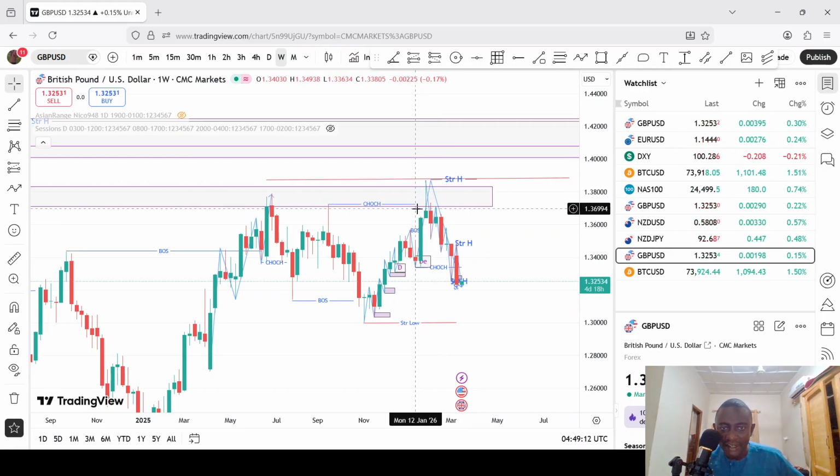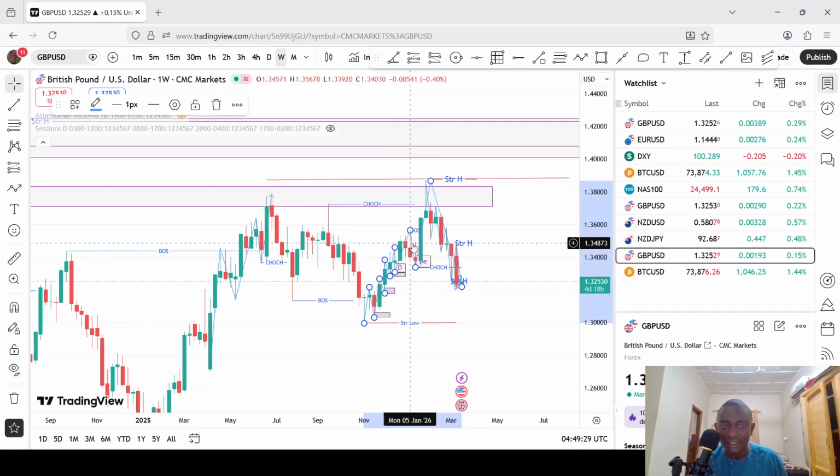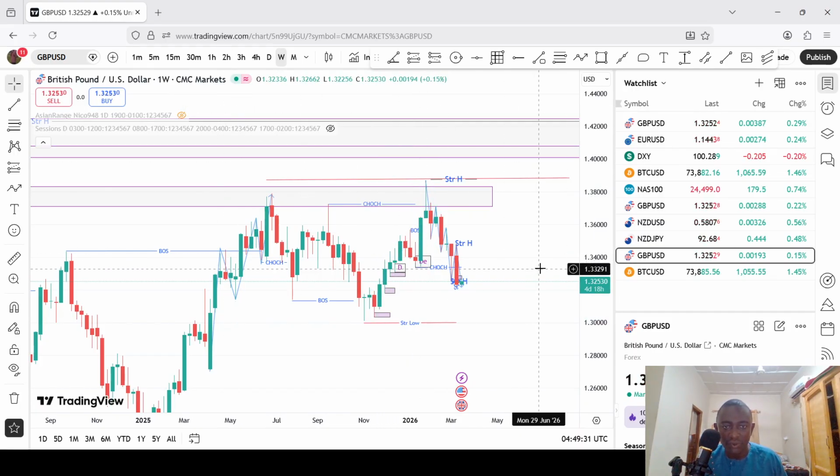Once the wick was done, once it was able to wick through, what did we see? The candle closed, but it didn't close above this area of interest. It means it was a liquidity chase. They were just chasing liquidity. You get it? Let me delete this one too.